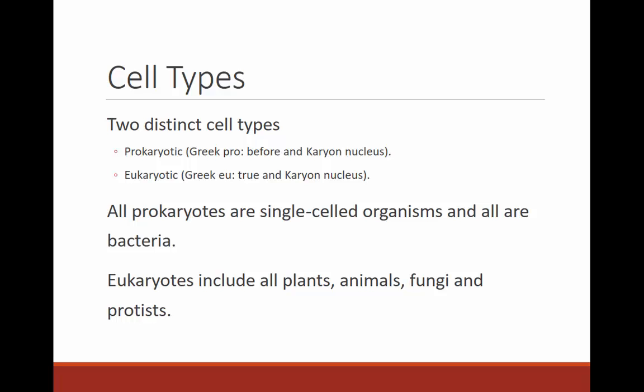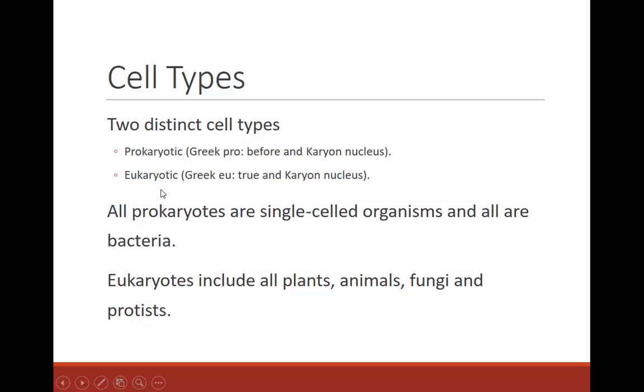Okay, are they in a nucleus or in that general vicinity? Okay, so it's kind of spread throughout the cell. And so karyon means nucleus, or more correctly, nut. Okay, so it doesn't have that nucleus where the chromosomes are kept.